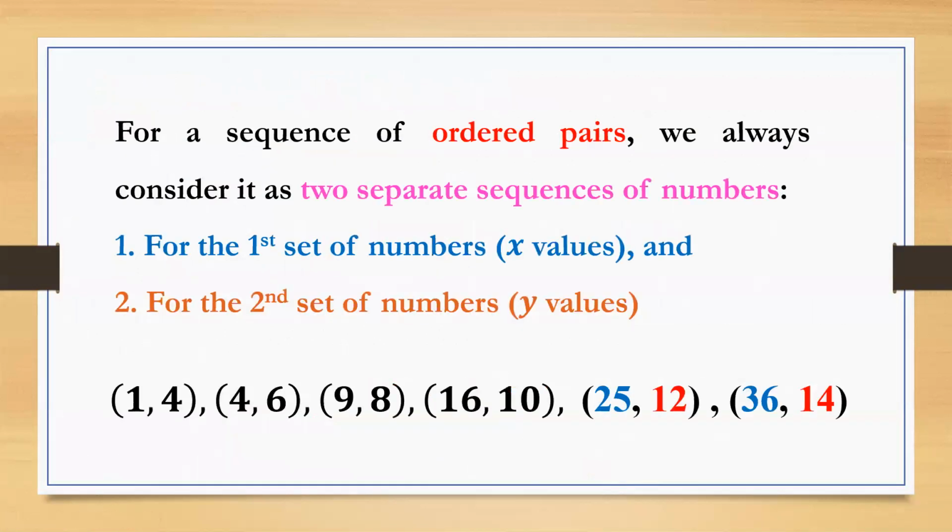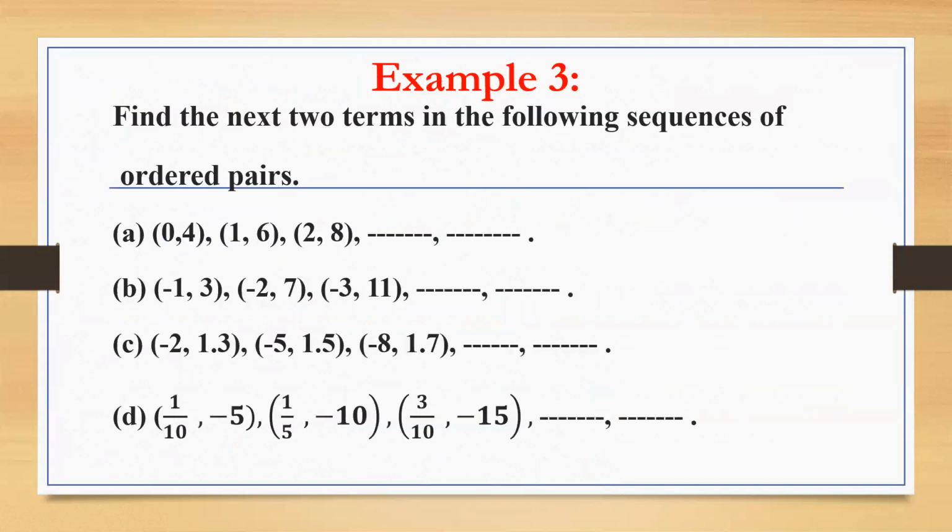So for a sequence of ordered pairs, we always consider it as two separate sequences of numbers. We consider the first set of numbers as the x values and the second set of numbers as the y values.